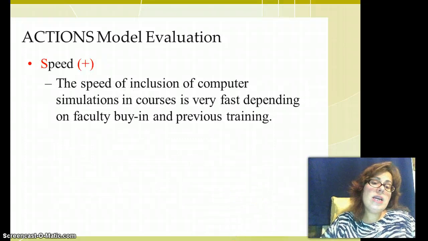In terms of speed of inclusion of the simulation technology, it would be very fast, but it would depend on faculty buy-in into using this technology and on the previous training that the faculty might have.